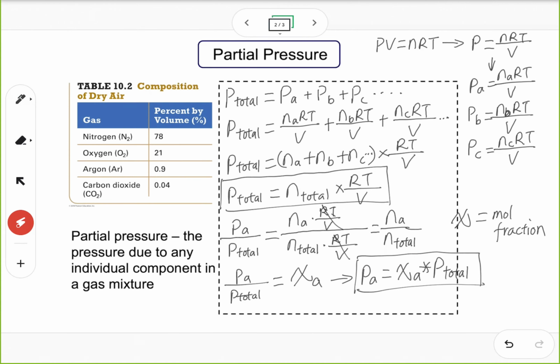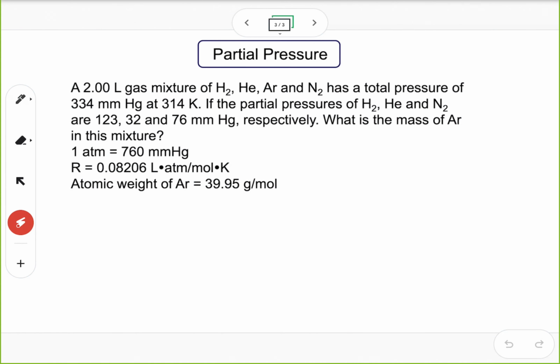All right, let's do a quick calculation to demonstrate how we use the equations. Here in this question, it asks: a 2-liter gas mixture of helium, hydrogen, argon, and nitrogen has a total pressure of 334 millimeter mercury and at 314 Kelvin.